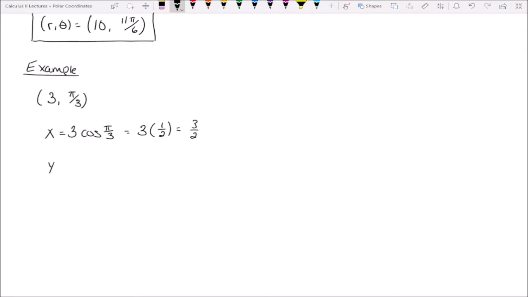And we have y is r sine of theta, so 3 sine pi over 3. Sine of pi over 3 is root 3 over 2. So in rectangular, our point is 3 halves, then 3 root 3 over 2.